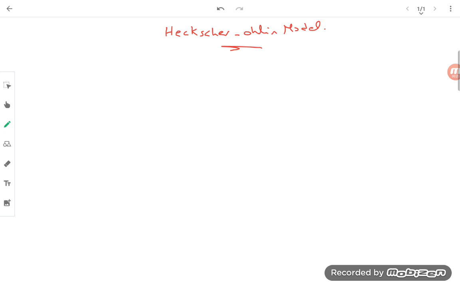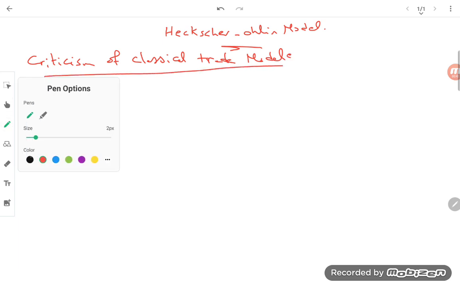Number one, the model doesn't explain why differences in productivity levels between countries exist. We say that country A has an advantage, whether absolute or comparative, in the production of X or Y, as workers in country A take 3 hours to produce a unit of the commodity, for example.